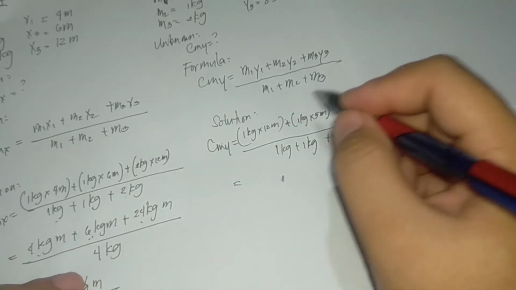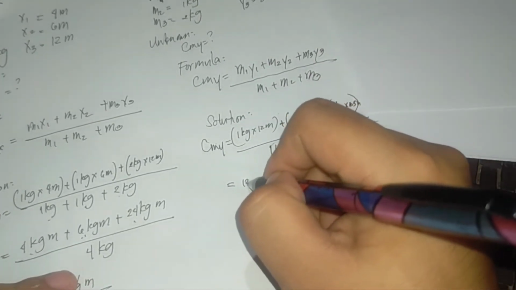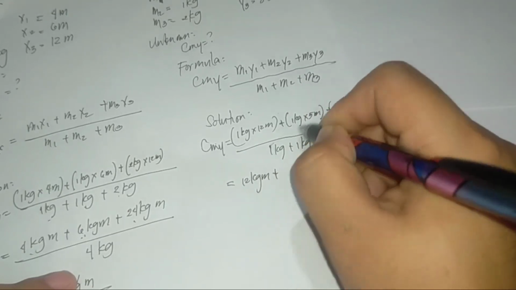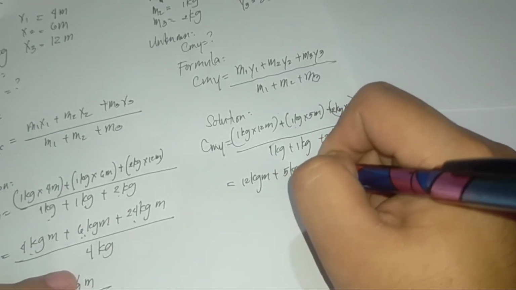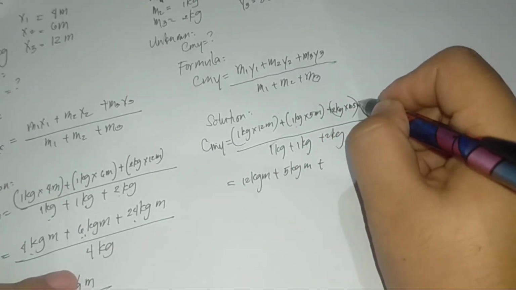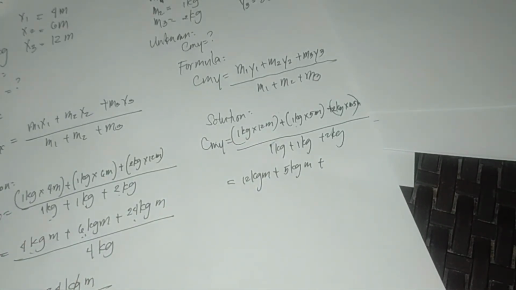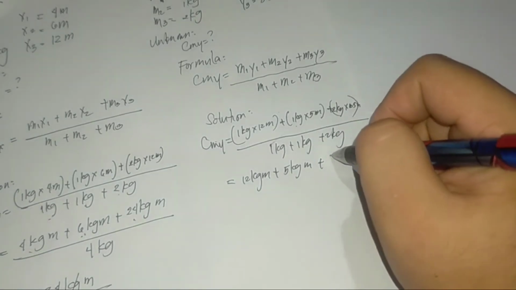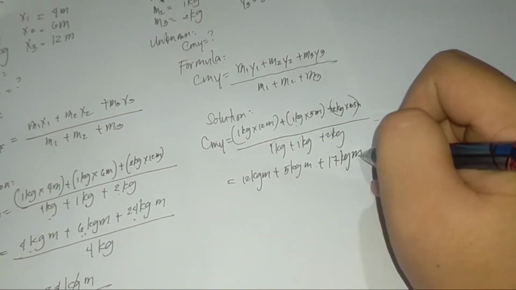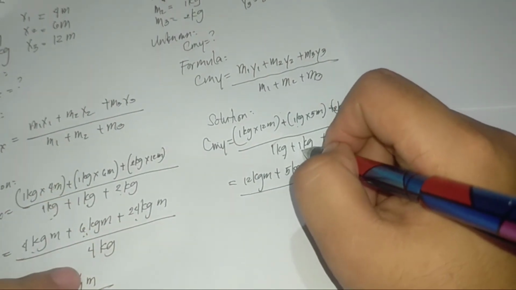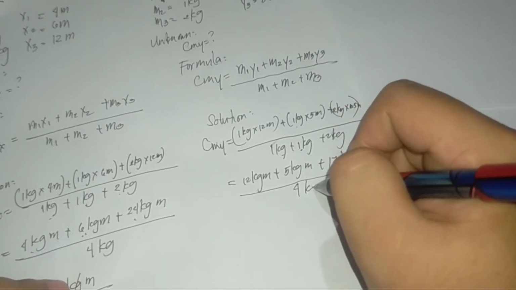So this is equivalent to 12 kilogram meter plus 1 times 5 kilogram meter plus 2 times 8.5, which is 17 kilogram meter, divided by 1 plus 1, 2 plus 2, 4 kilogram.